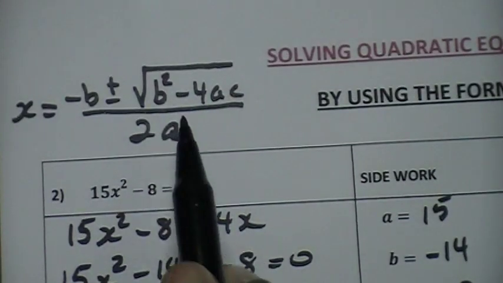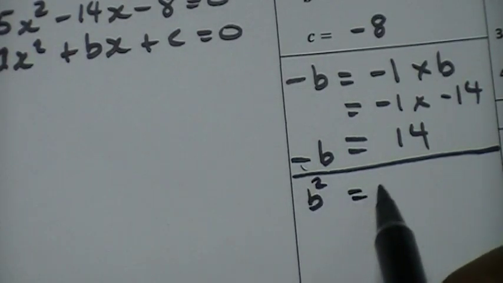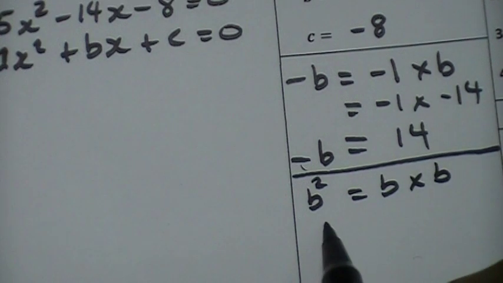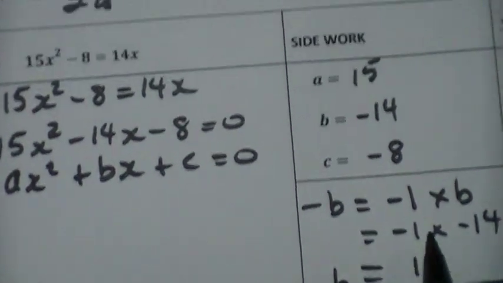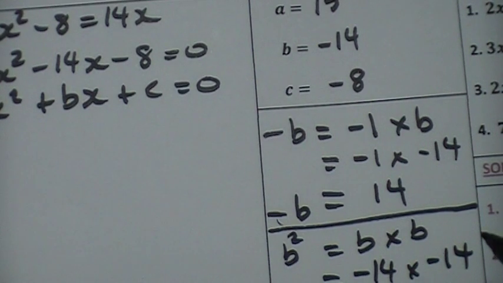Let's look at the next part. I need b squared, and b squared means b times b. Since b is negative 14, I multiply negative 14 by negative 14, and 14 times 14 gives us 196.